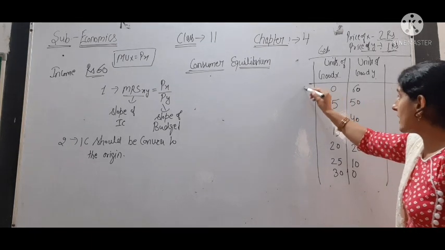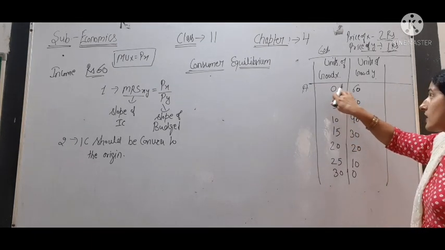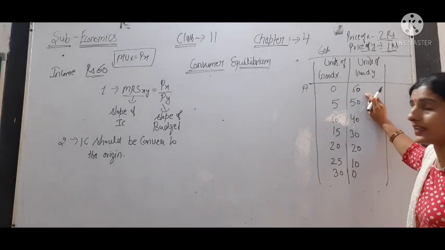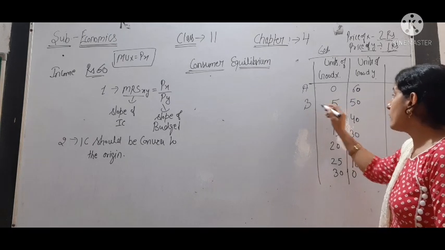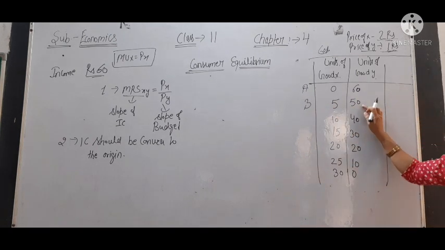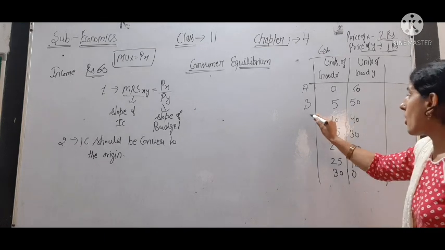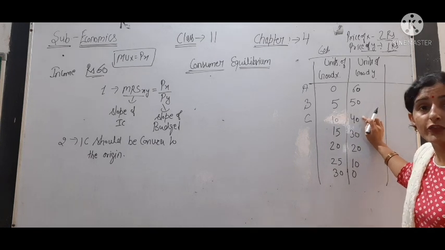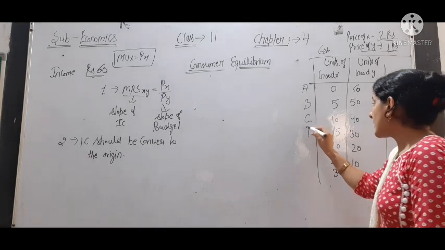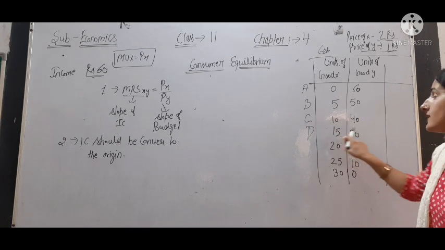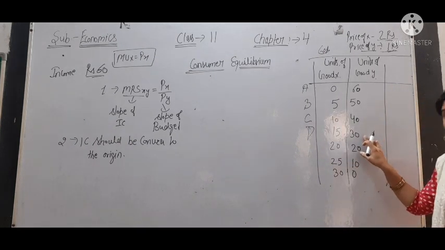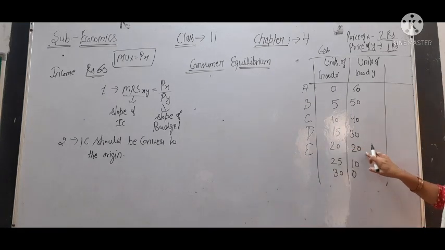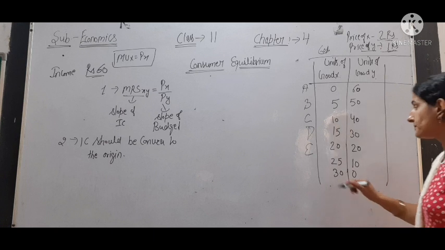Like in combination A, the consumer consumes 0 units of good X and 60 units of good Y. In combination B, 5 units of X and 50 units of good Y. In C combination, 10 units of good X and 40 units of good Y. In D combination, 15 units of good X and 30 units of good Y. And in E combination, 20 units of good X and 20 units of good Y.